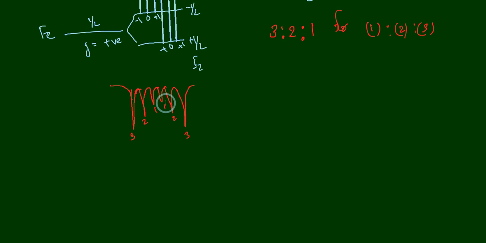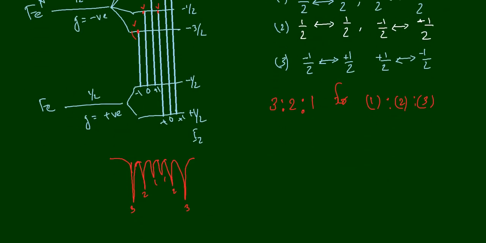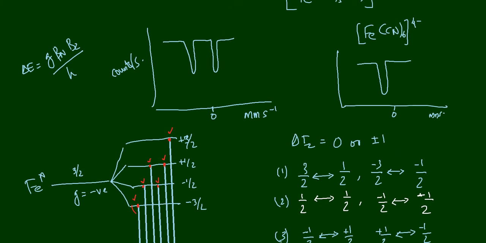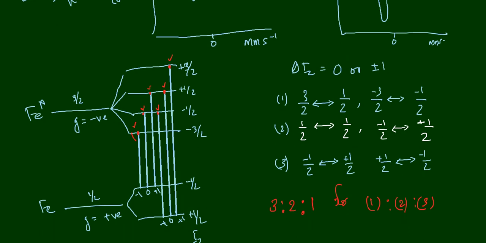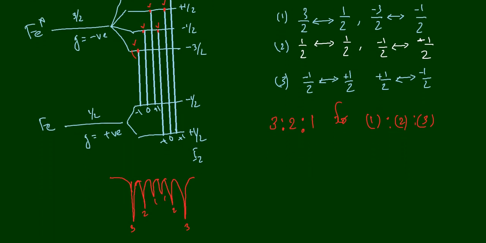This is explained by the quadrupole effect of the excited iron nucleus. From here we can understand that the spin of the nuclei is very important, and especially if there is a quadrupole nucleus, then the pattern is going to change dramatically in the Mössbauer spectrum. Here we also have to consider that we don't need to apply an external magnetic field to observe these kinds of effects. Even the internal field is sufficient to cause this kind of splitting.